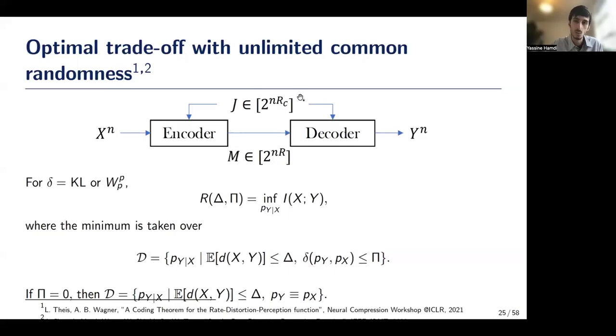That's another reason why I wanted to change this problem: it's not practical. If you want to reach the optimal performance, you need specifically common randomness, not just randomness at the decoder, and you need an insane amount of common randomness.